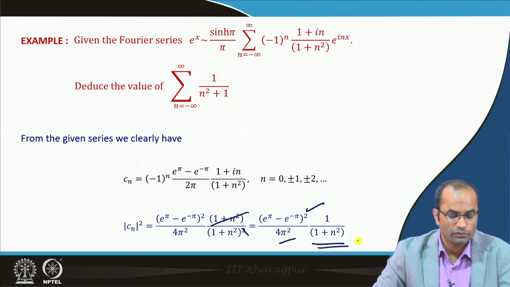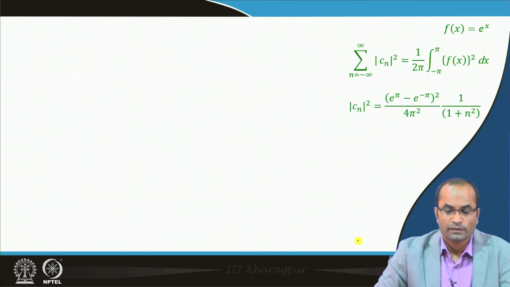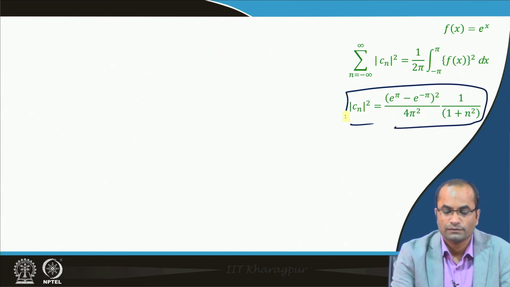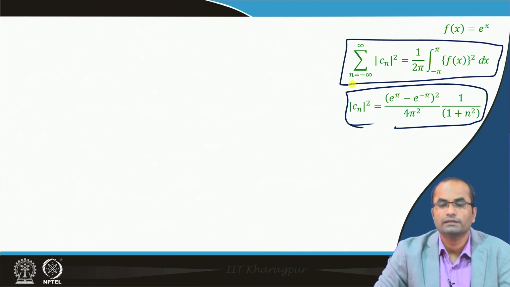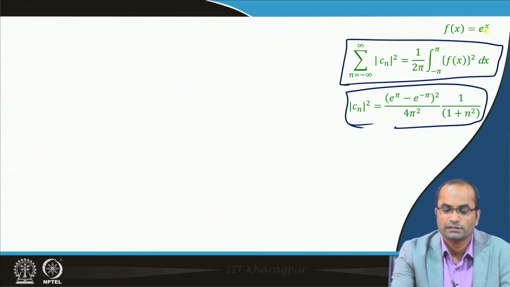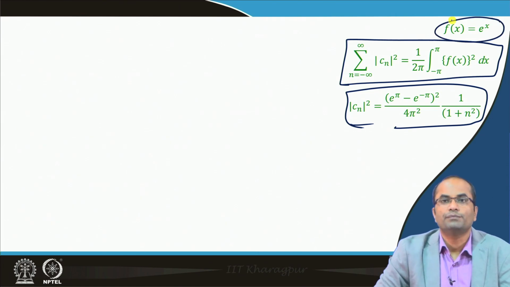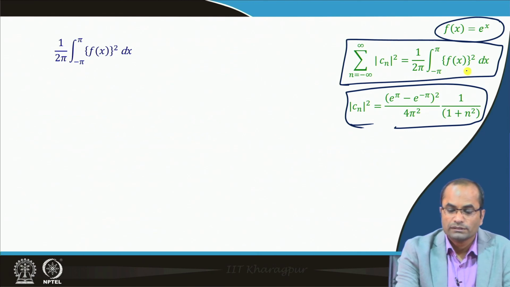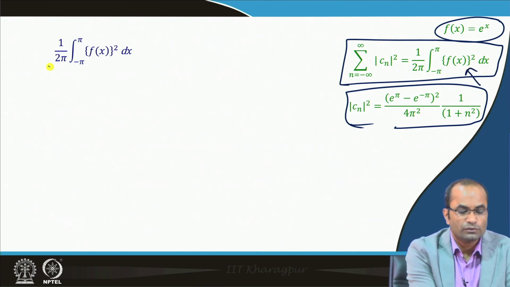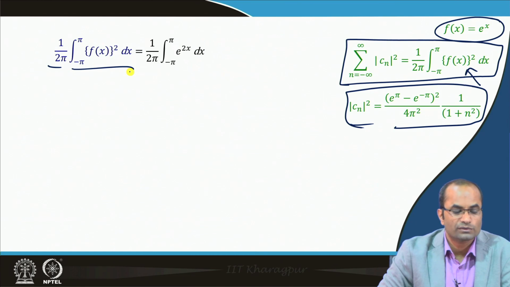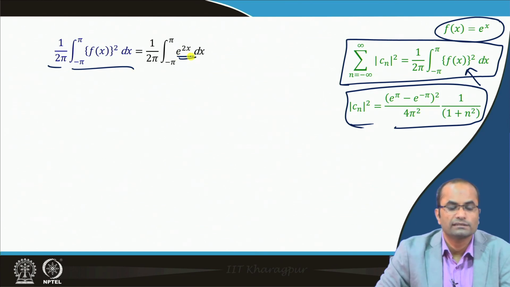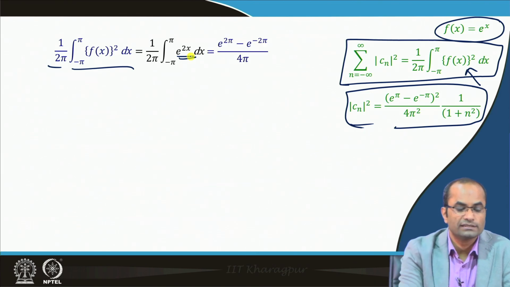So, we have the modulus |C_n|² ready, which is given already here, and this is Parseval's identity for the complex form of the Fourier series, and our function is e^x. So, we will compute the other side of the identity: 1 over 2π and the integral of f(x) whole square, that is 1 over 2π, we have e^x and then the square, so e^(2x) dx.